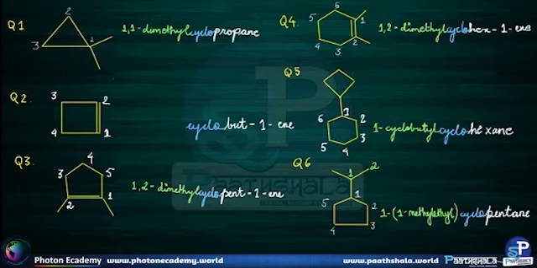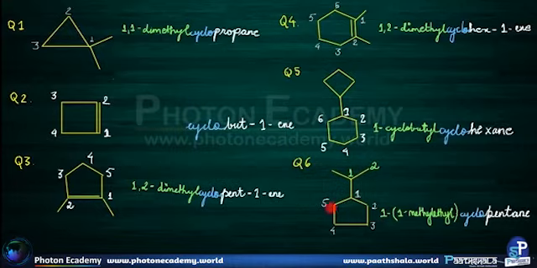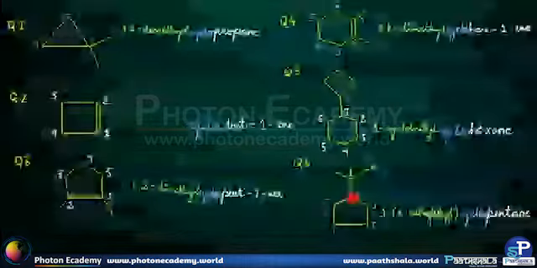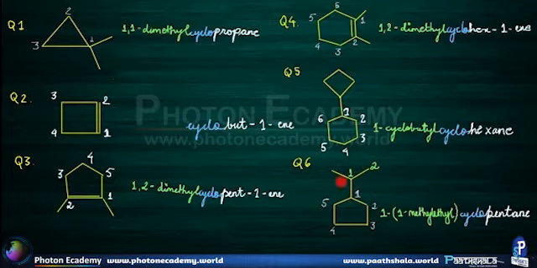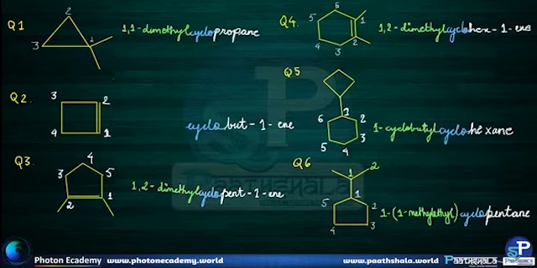Let's just see the prefix writing once because that's really important and that's the good part of this question. I've written 1 over here because on this main ring, on first carbon atom, a complex substituent is present. So this 1 represents this carbon atom. Then we place the complex substituent in round brackets.